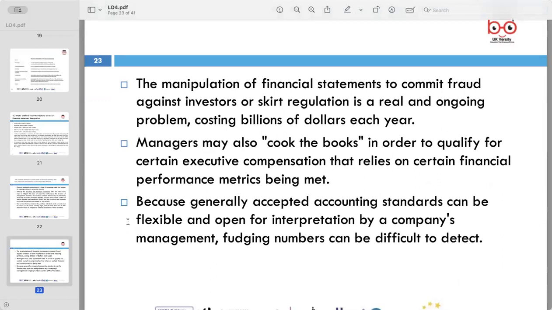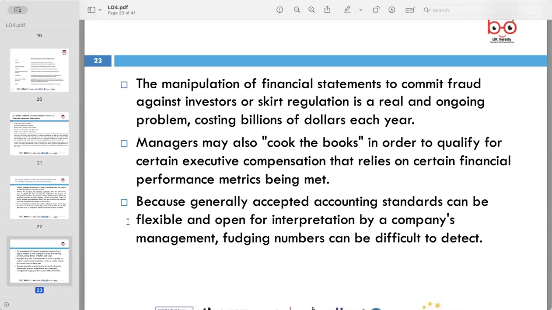Financial statement manipulation persists as a genuine threat, impacting investors and regulatory efforts. Managers may manipulate financial data to deceive investors or to meet performance targets for executive compensation.